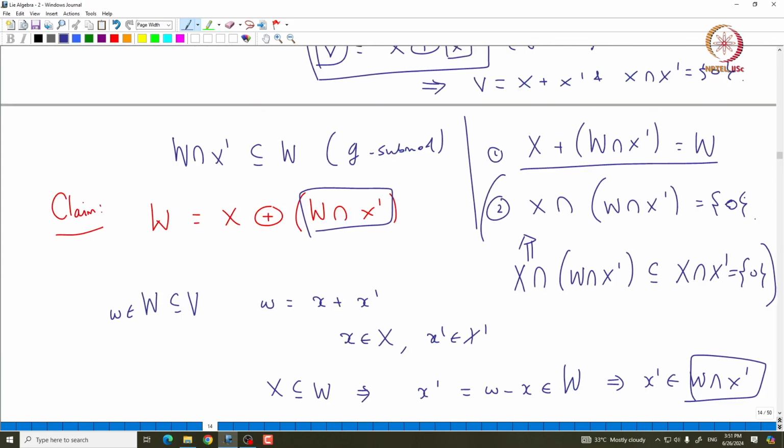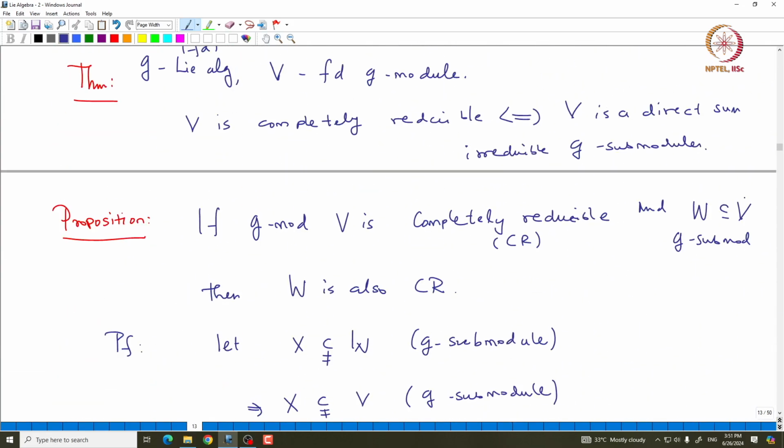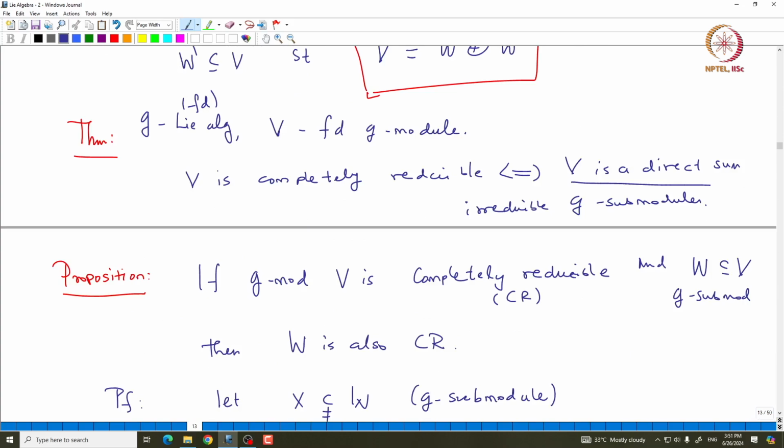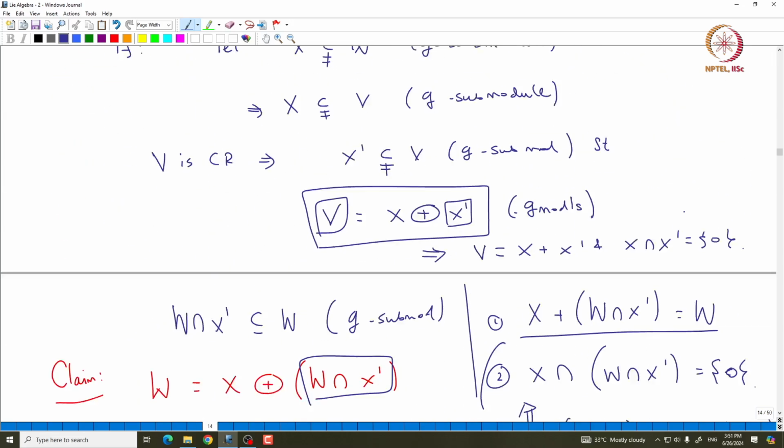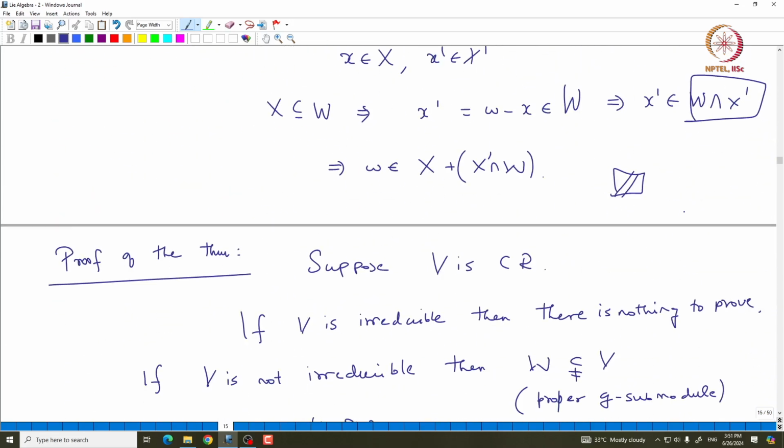Now, for the converse part, we can assume that V is a direct sum of irreducible G submodules, then we need to prove that V is completely reducible. So, for that we need to start with some proper non-zero submodule and then see that it has a complement. Okay. If it is the 0 module, then there is nothing to prove.